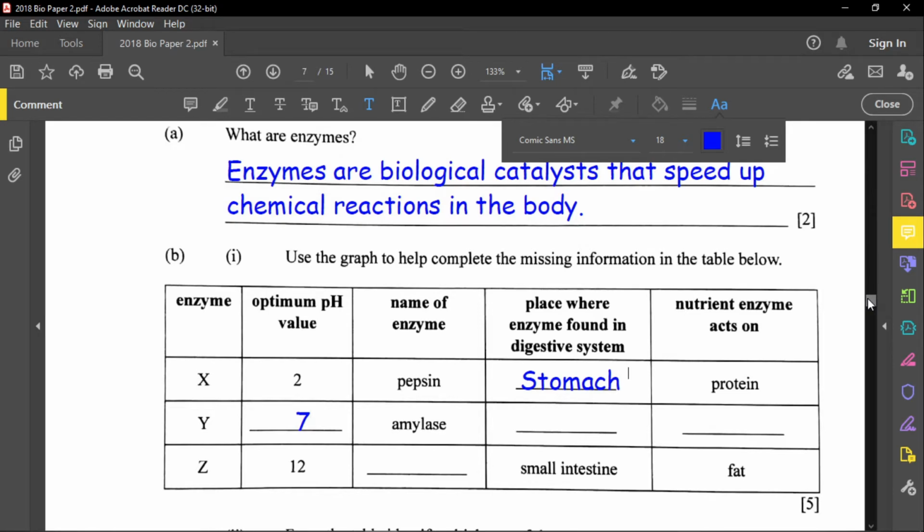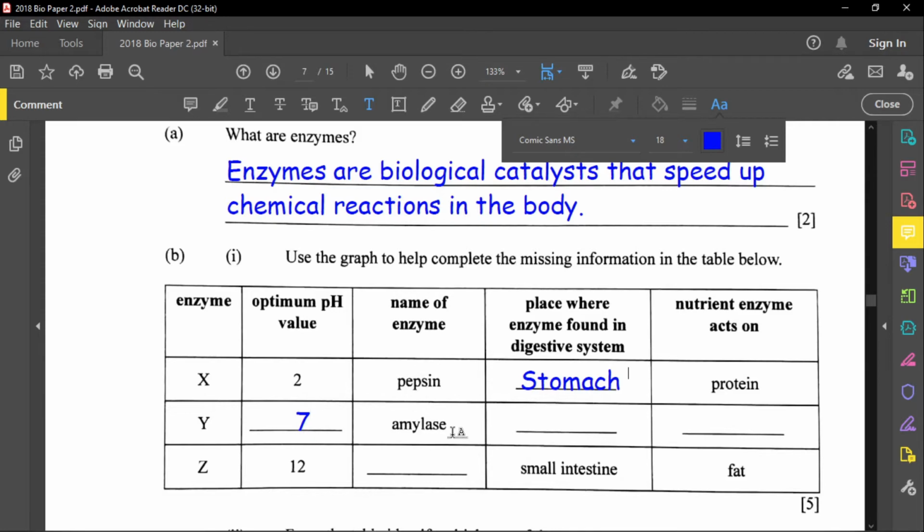Let's think about it, right? There are 2 types of amylase in the body. There's salivary amylase, and there's pancreatic amylase. The pancreatic amylase works in the small intestine. The small intestine is alkaline, which means it must be a pH over 7.